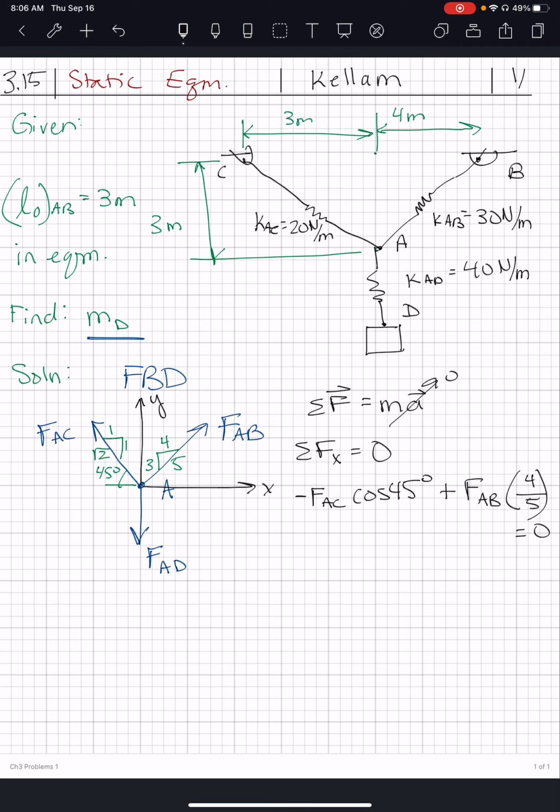We don't know FAB, but we know the spring constant, so we can actually find FAB. FAB is going to equal L minus L naught of AB times that spring constant.